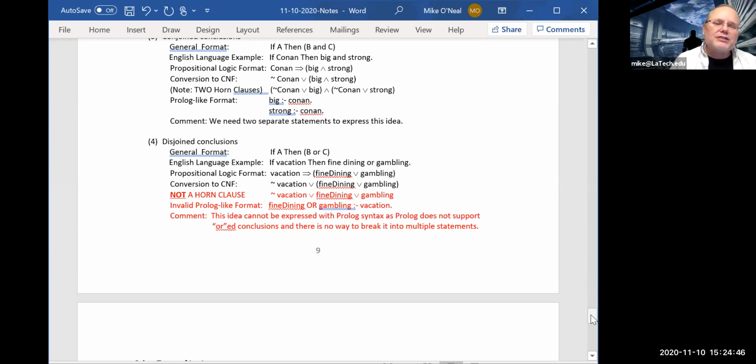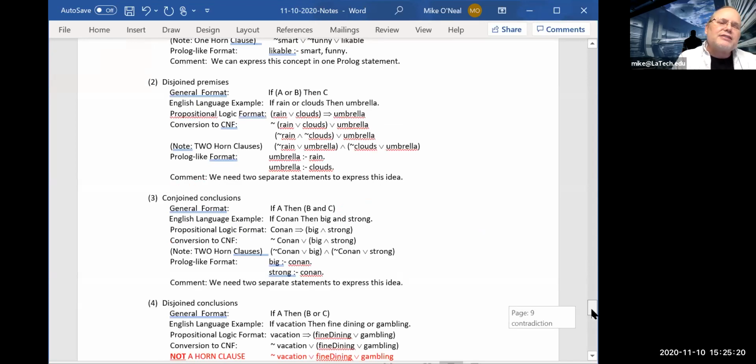You could glom together the concept, just like I glommed together Sunny Sunday, where I had two things and I put them together and I said, oh, in this case, I'm just going to encode these things as one thing. You could encode fine dining or gambling as one term called fine dining or gambling, and then you could make it work, but you can't break it apart in that statement.